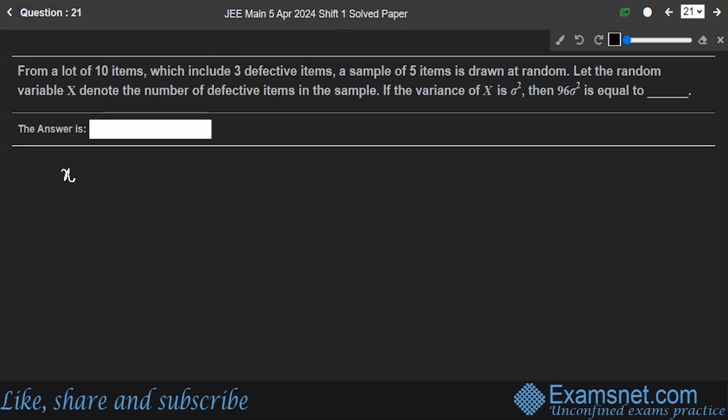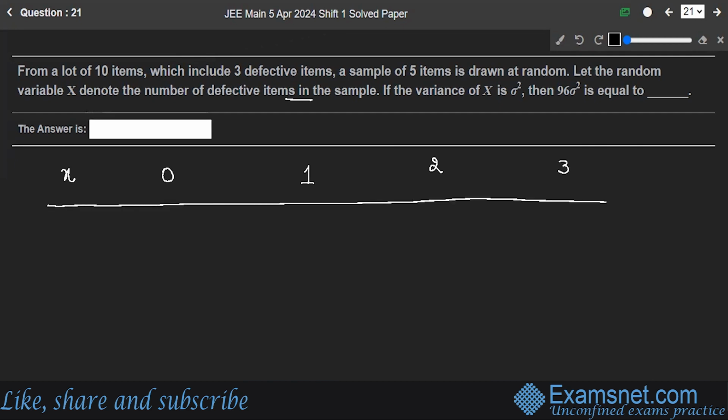First of all, you are having x, which denotes the number of defective items, which include 3 defective items. That means the first one is no defective item, 1 and 2 and 3 is withdrawn. And for this, let's say the probability of this to happen, like the 0 ones are withdrawn. See, out of 10, if 3 are defective, then how many are correct ones? 7 will be correct ones.